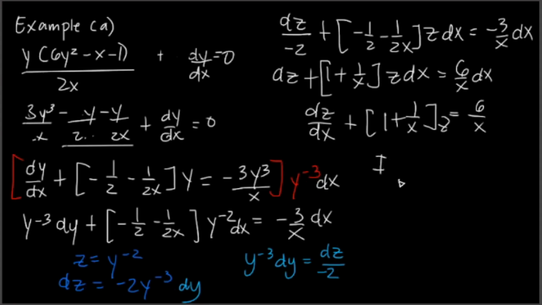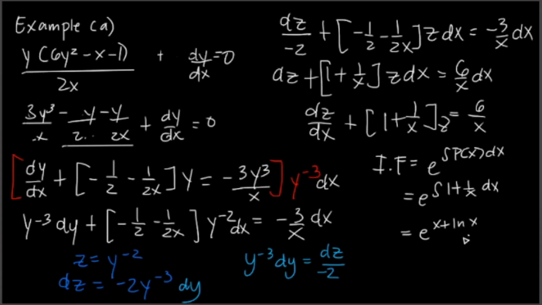So, kung matatandaan natin, ang formula ng integrating factor natin is e raised to integral of p of x dx. So, e raised to integral of 1 plus 1 over x dx. So, magiging siya e raised to x plus ln x. So, this can be e raised to x times e raised to ln x. So, this is x kasi yung formula ng logarithm. So, x e raised to x. So, yan yung integrating factor natin.